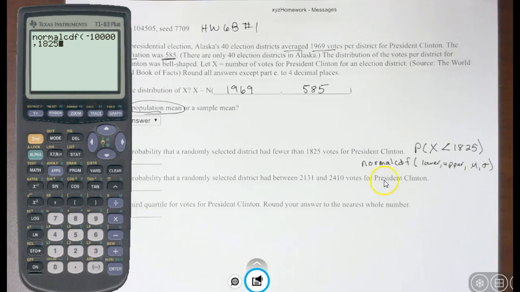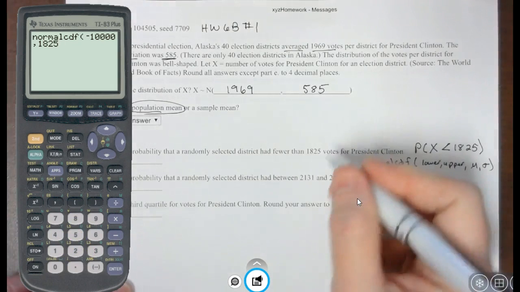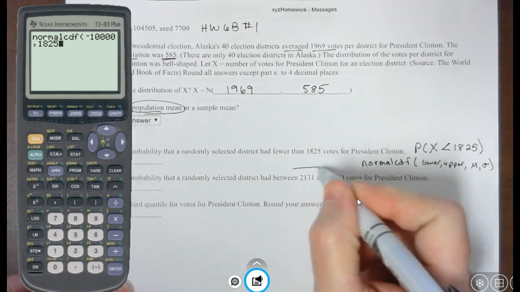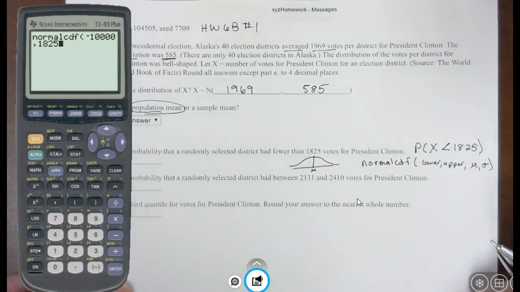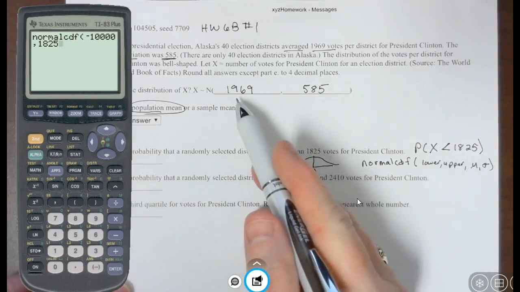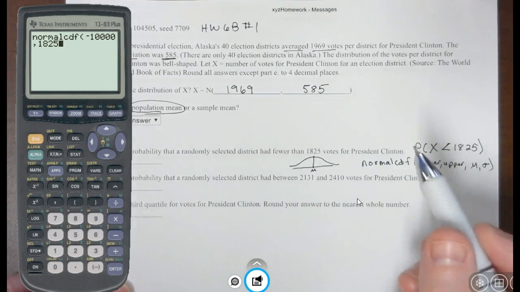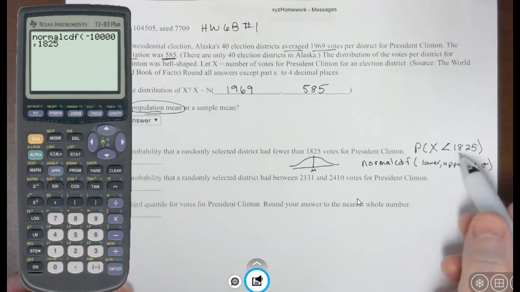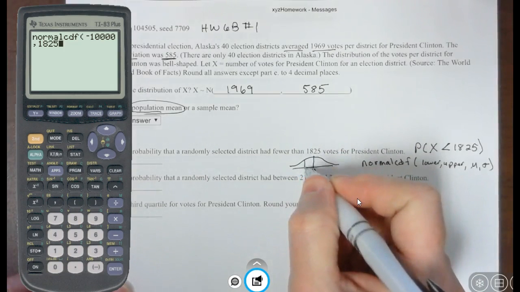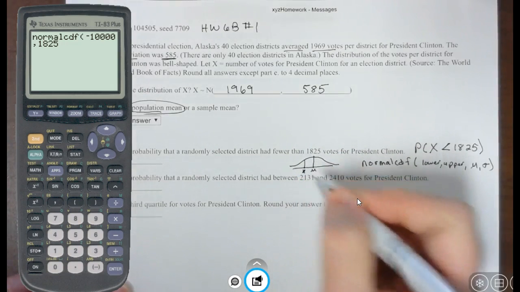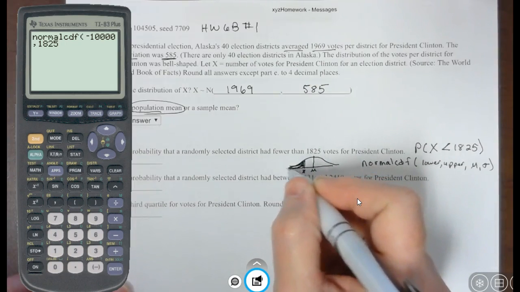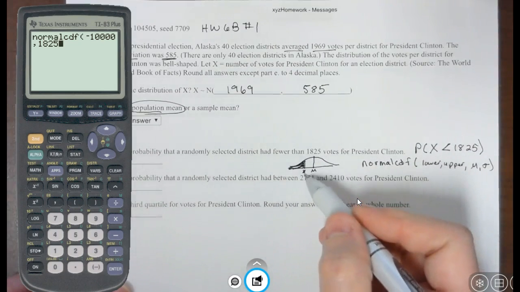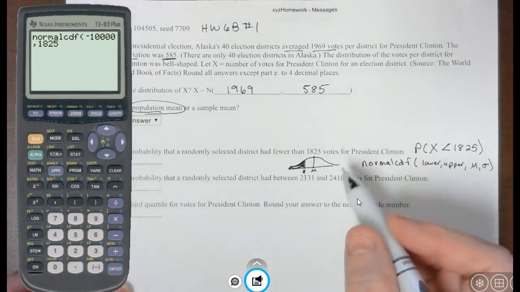1825 is our upper bound, because if you think about our normal distribution, and let me just draw a picture. Here's our normal distribution. Here's my mean. It's going to be in the middle. And our mean was 1969, which we're going to put in here in a minute. And so less than 1825, well, 1825 is going to be somewhere over here, and it's going to be anything less than it. So my lower bound is a really small number, and then 1825 is my upper bound.